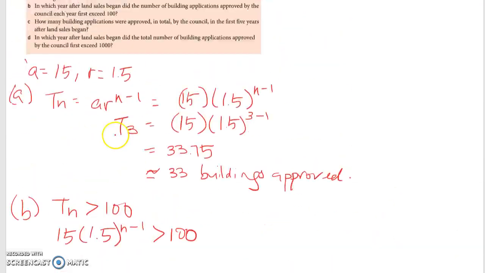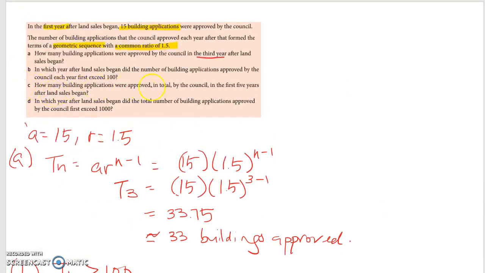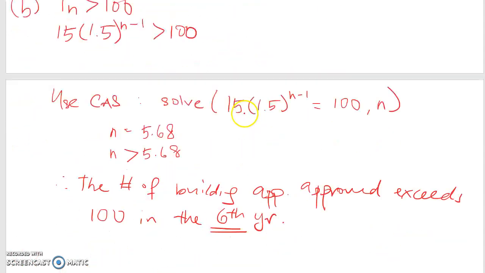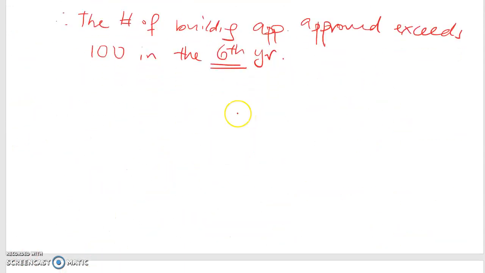Okay, let's do part C now. How many building applications were approved in total by the council in the first 5 years after land sales began? We want to find in total for the first 5 years. So that's basically using the sum equation of a geometric sequence. So this is part C. Let's write down what the sum equation is first.